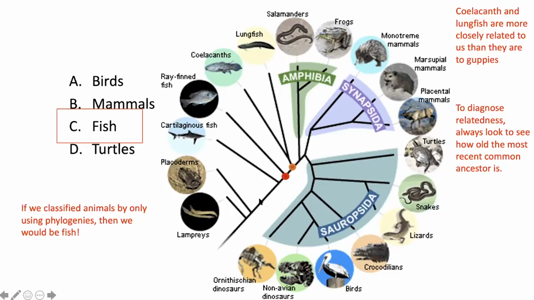Well, if we look out in the phylogeny, we share the exact same common ancestor with lampreys as lungfish do, or as rayfin fish do. And so what's the really bizarre thing once you establish these evolutionary relationships in this phylogeny is that we are actually more closely related to lungfish and coelacanths than rayfin fish are to coelacanths and lungfish. So we are more similar to these guys here than these rayfin fish.